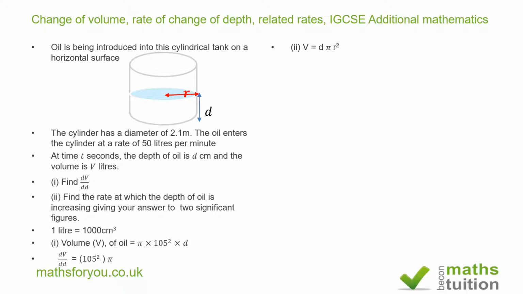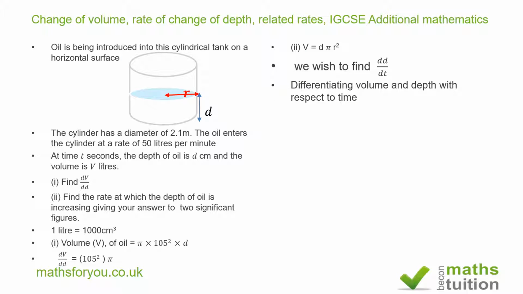Now D is the depth of oil at any given time. So what we wish to find is dD by dt, the rate of change of depth with time, so the rate of change of the depth of oil as time goes on. Then we want to differentiate volume and depth with respect to time.